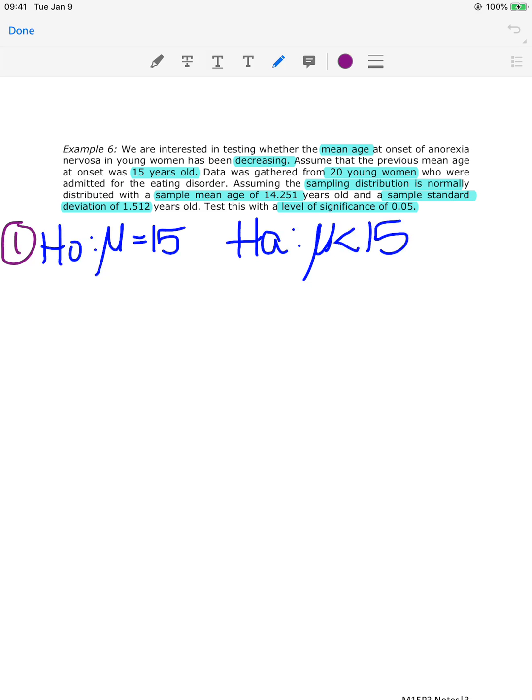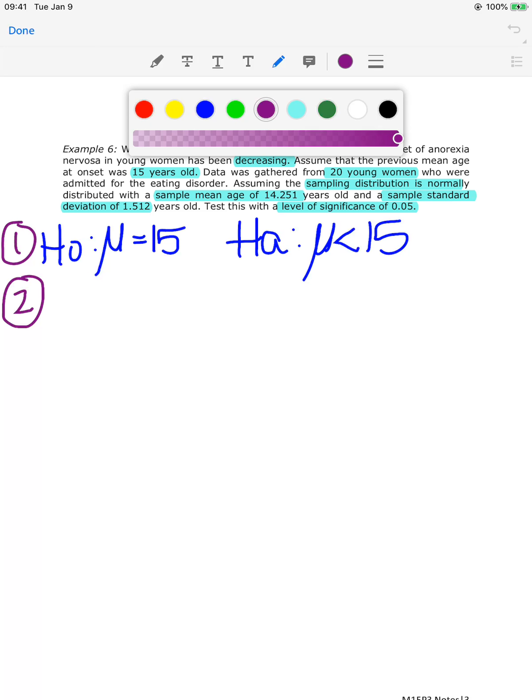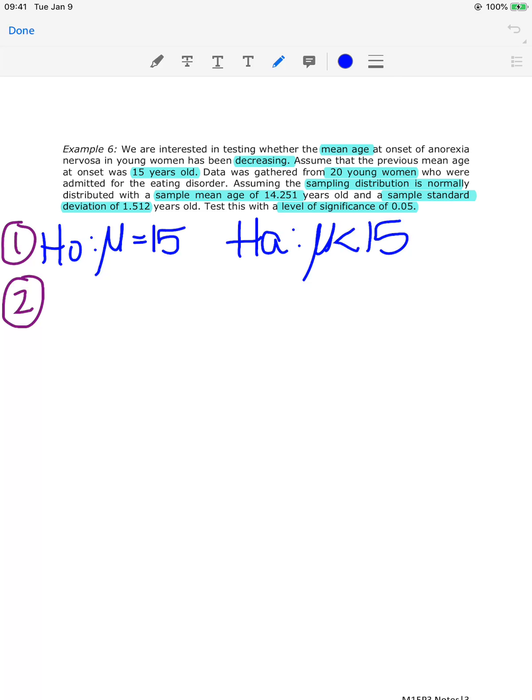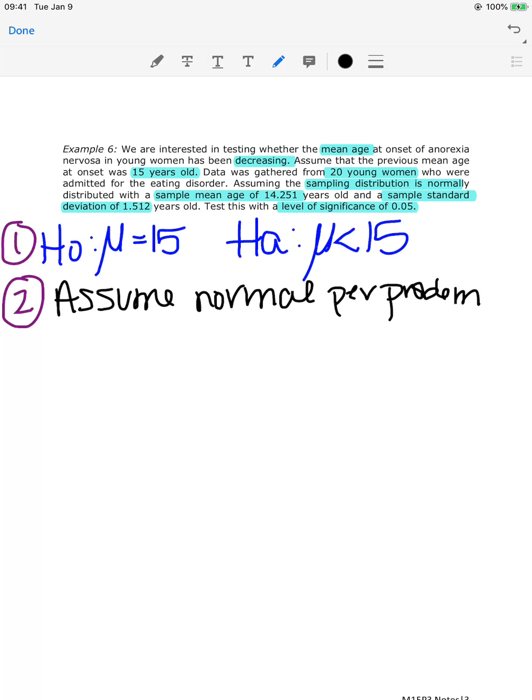All right, step 2, verify normality. The problem told us to assume normal, per the problem. If this problem did not contain this sentence, we would not have a normal distribution because we only surveyed 20 women.